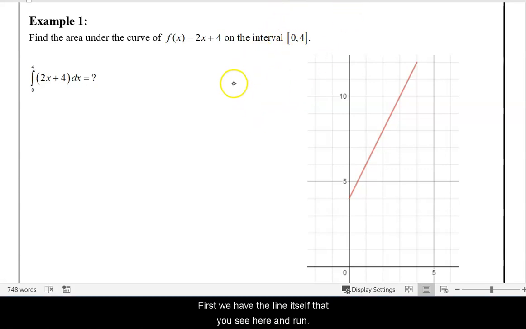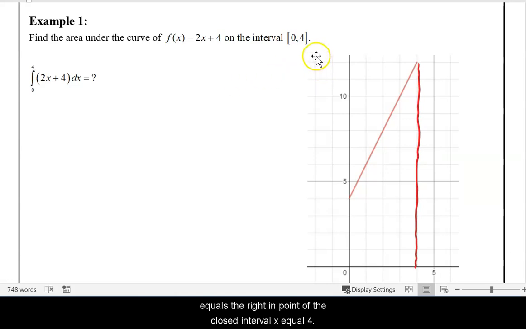First, we have the line itself that you see here in red. Then we have the vertical line, which corresponds to x equals the right endpoint of the closed interval, x equals 4. Then we have the vertical line, which corresponds to x equals the left endpoint of the closed interval, x equals 0. This is, of course, just the y-axis.